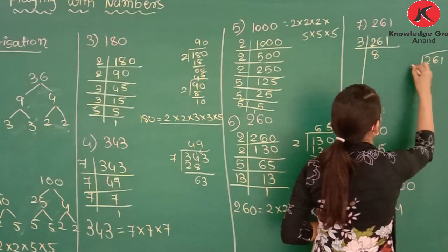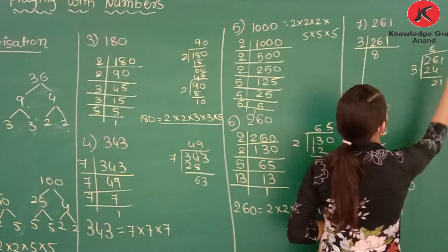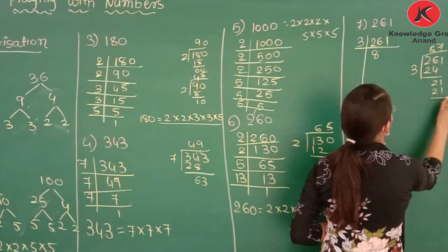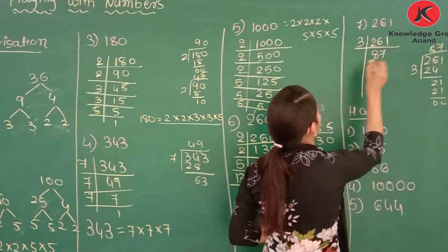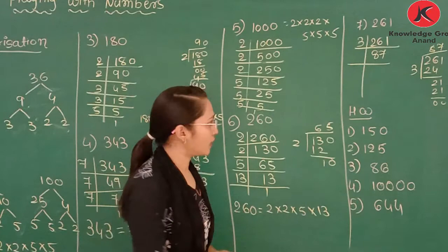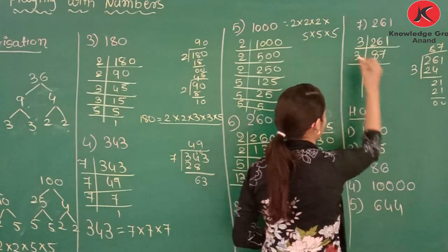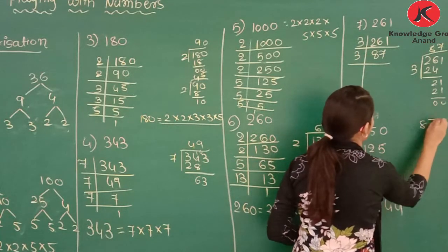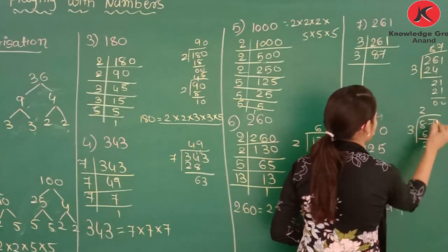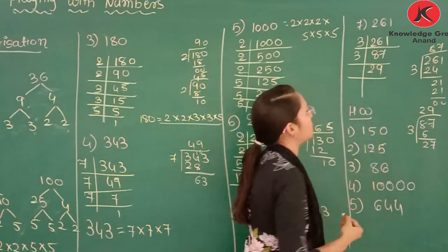261 divided by 3 is 87. Is 87 divisible by 3? Check it. Yes, because 8 plus 7 is 15. So it will be divided by 3. 87 divided by 3 is 29, since 29 3s are 87.